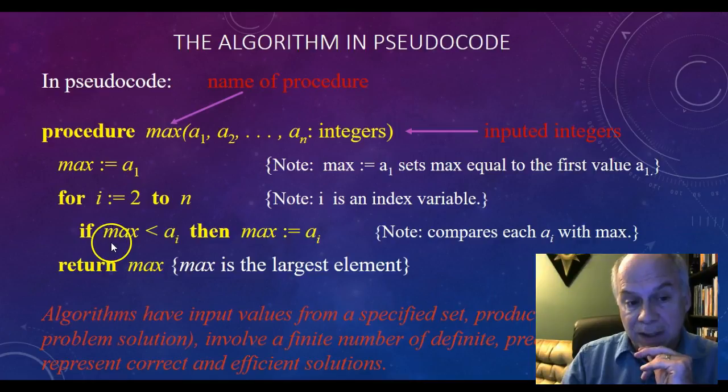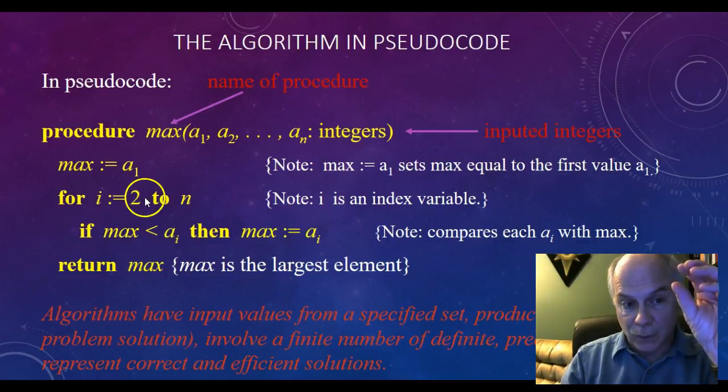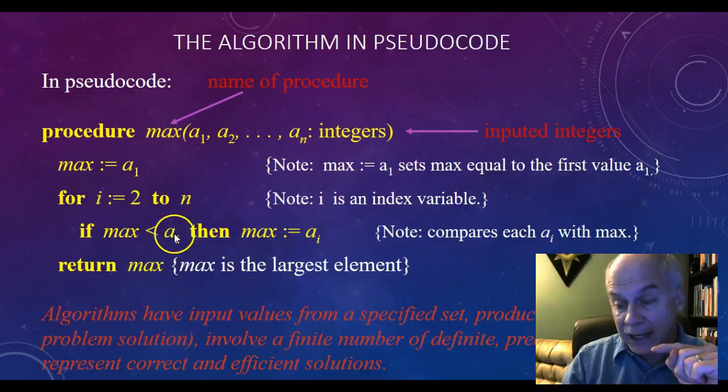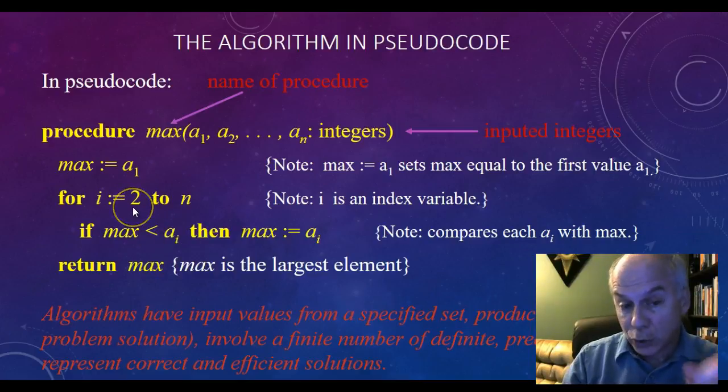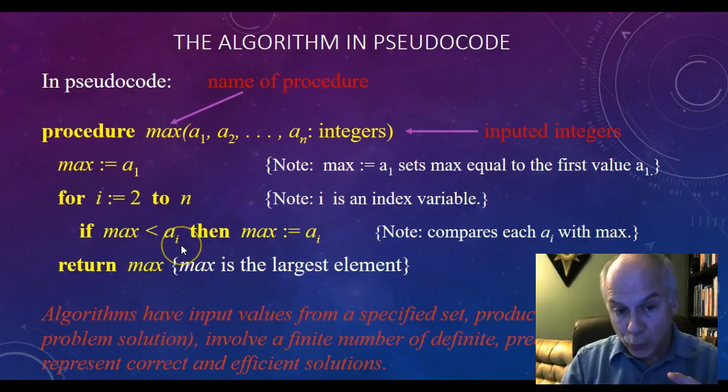So what it does, it compares if the maximum integer, which it starts off as the first integer, is less than A sub I. Now what is I? Well, the first time around, I is 2 because I starts at 2. So we're going to compare max. Is it less than A2, which is the second integer in the list?